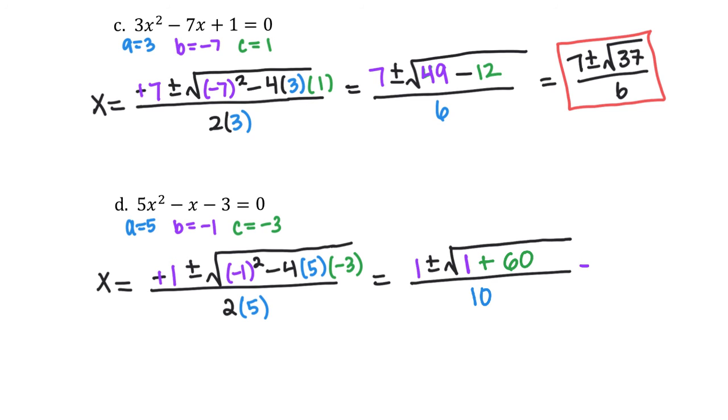Okay, let me add up my radicand. 1 plus 60 is 61 over 10. Do I know the square root of 61? I don't. And again, today we won't simplify the radical, but in the next class we will have some problems where we can simplify the radical.